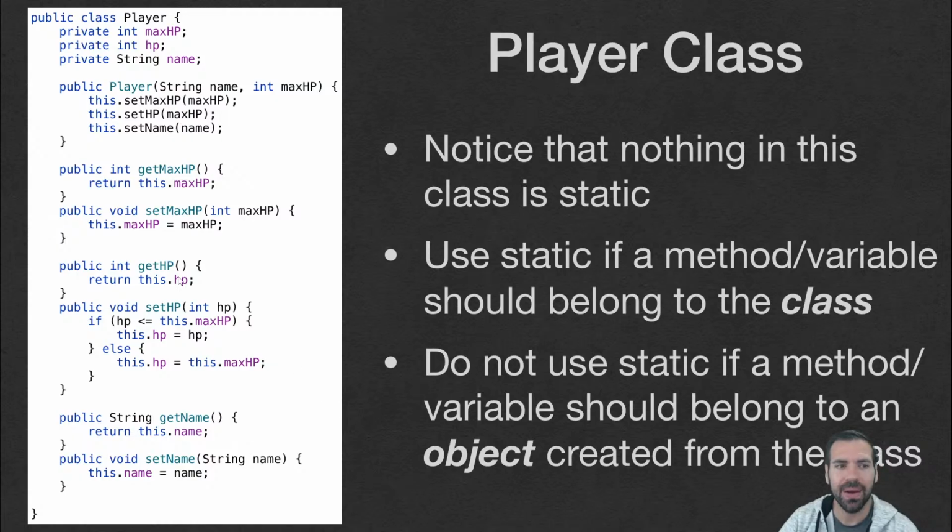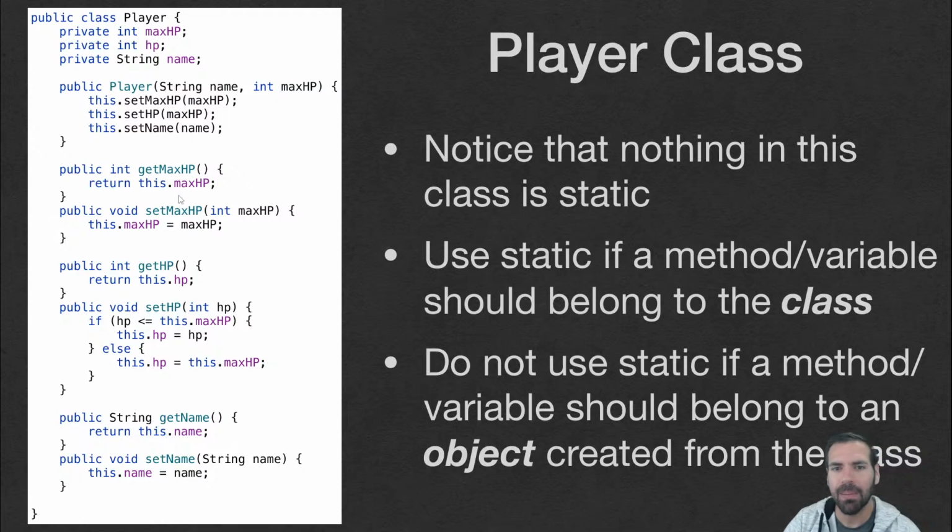So when I create non-static methods, this getMaxHP method belongs to objects of type Player. So when you say new Player, you're creating a Player object from that class. Your class is your blueprint to be able to create objects. When you say new Player, you create an object of that type, Player, and then you do that object dot getMaxHP. You're calling this method from an object, not from the class itself.